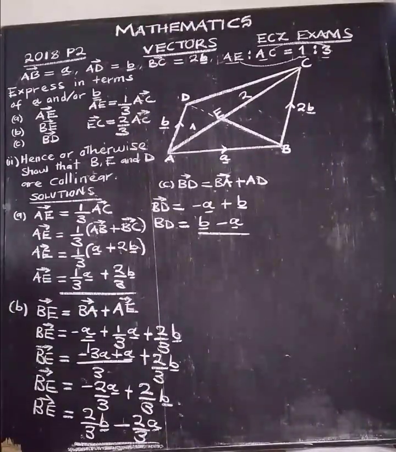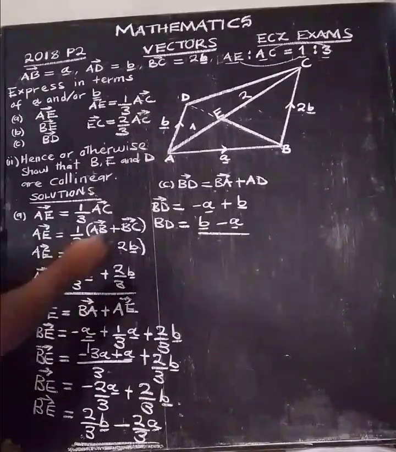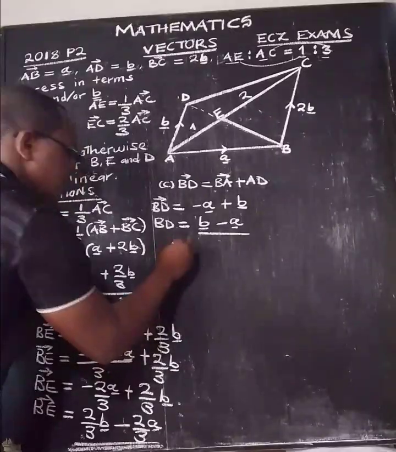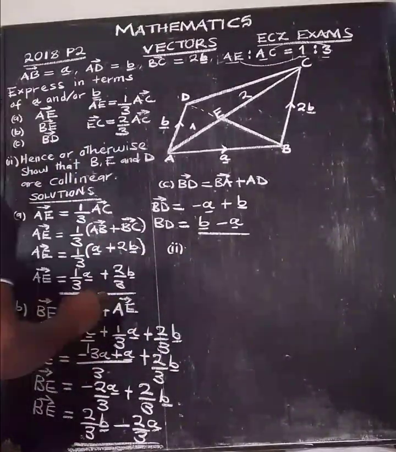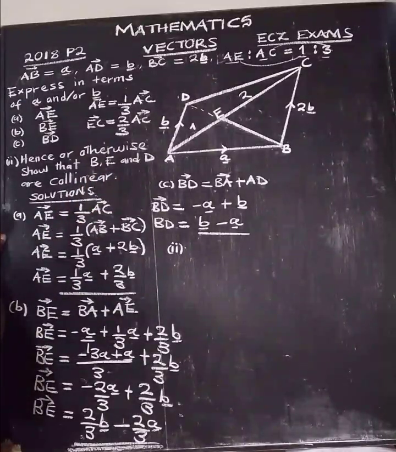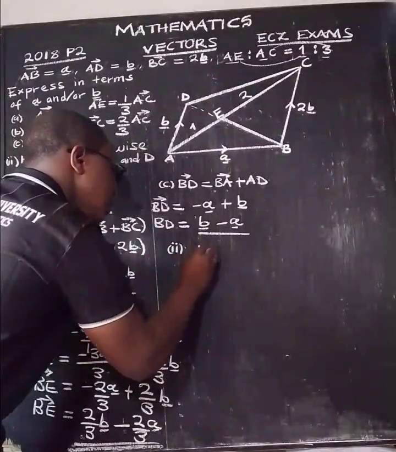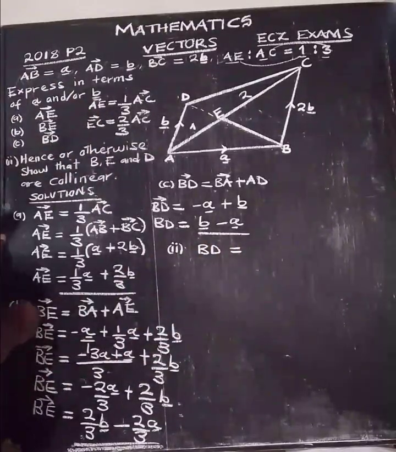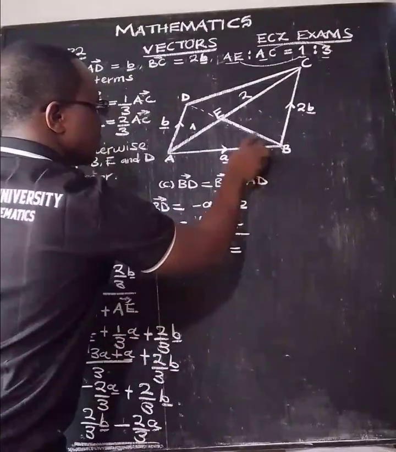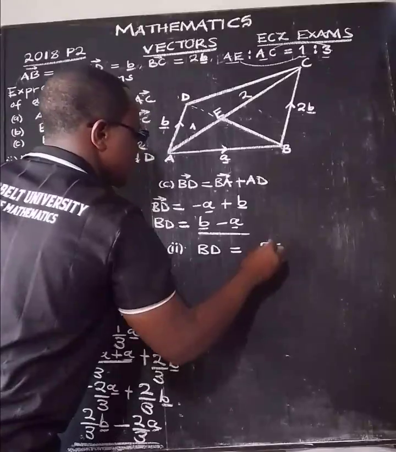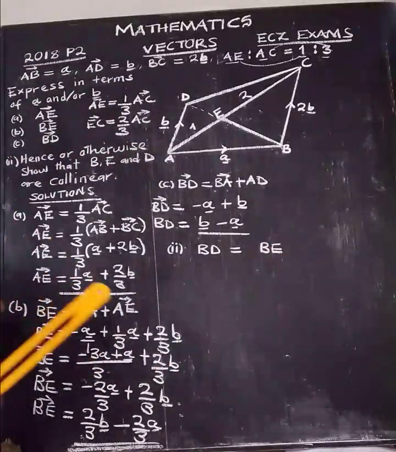Okay, so let's move on. Now, in this case, they want a situation like this. Since they're saying show that these 3 points are collinear, we're going to say BD is equal to, let's consider BE.